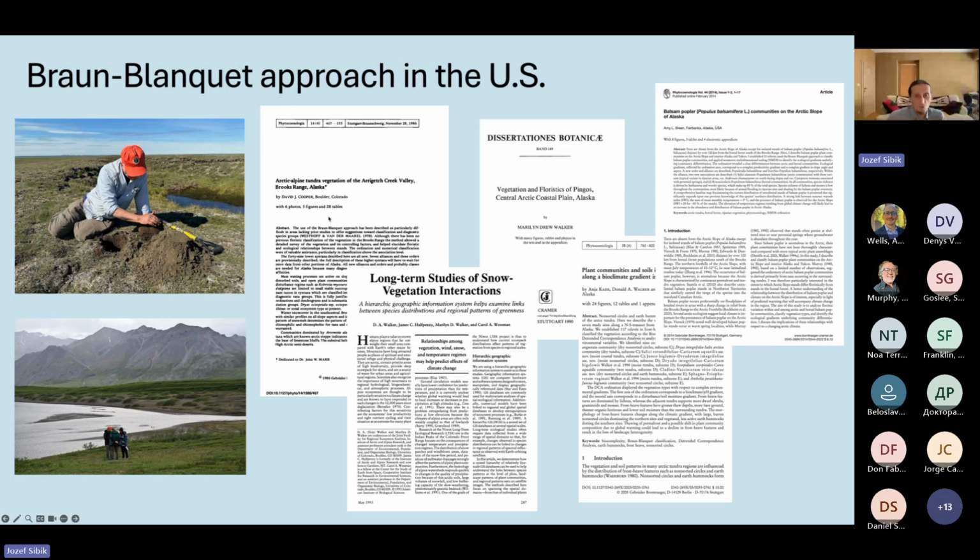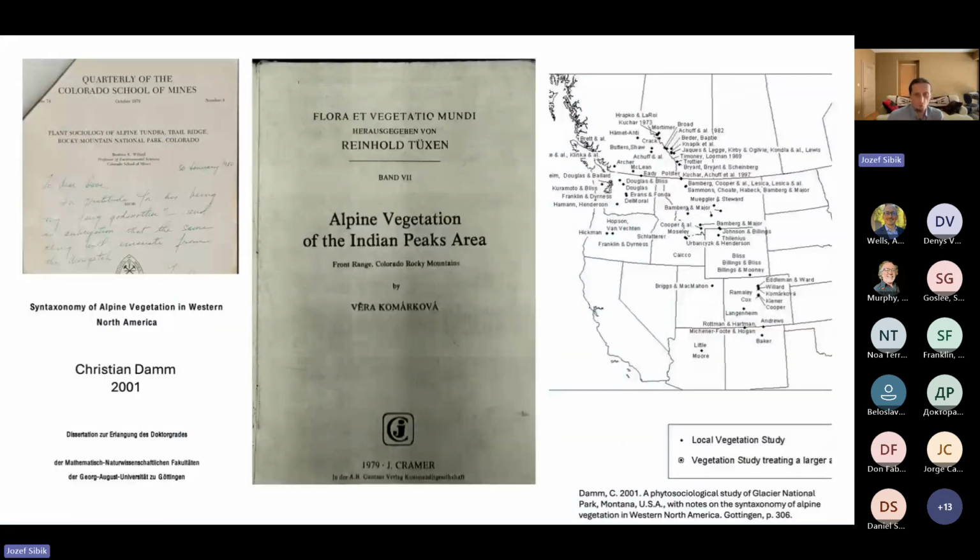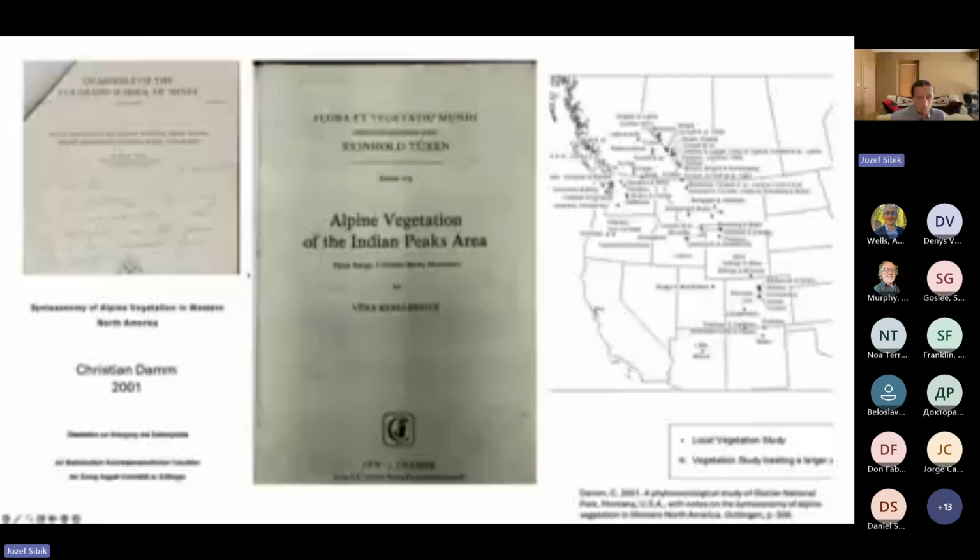I would like to especially emphasize this paper of Dave Cooper in the Brooks Range, because it was the first comprehensive list of syntaxa from the Alaska region, classified into a meaningful system.